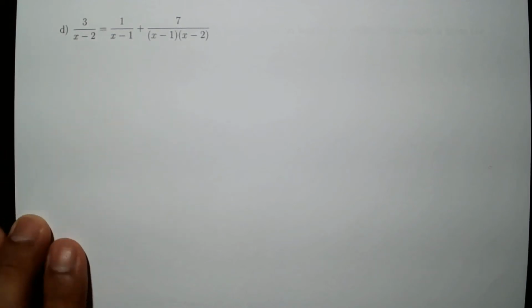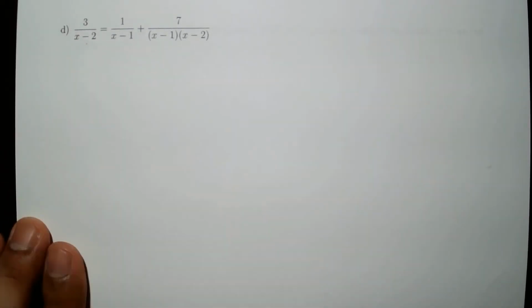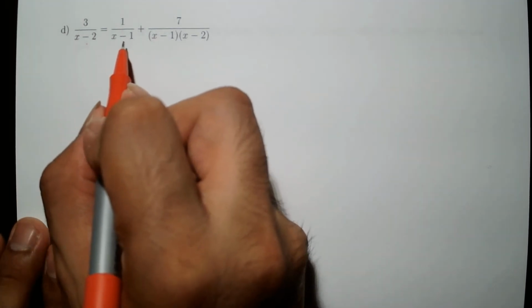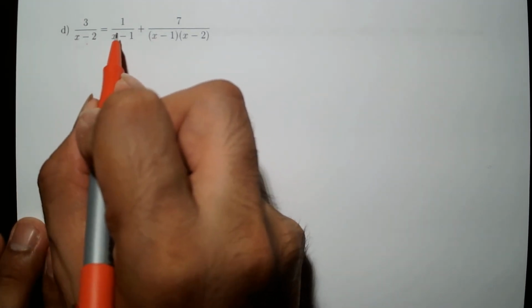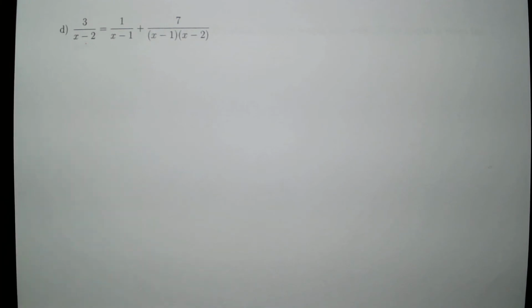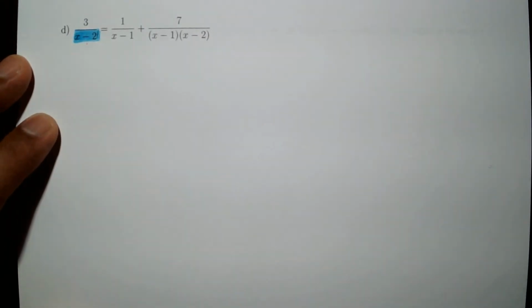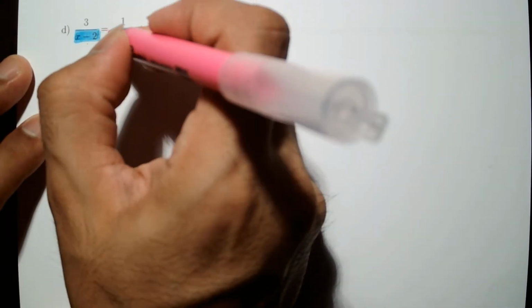So in this case there is a number here that if we plug in we get a 0 in the denominator, and likewise there is another number that if we plug it in here we get a 0 in the denominator. Okay, so how are we going to deal with those restrictions? So let me highlight those potential zeros in the denominator. This is one and this is the other one.